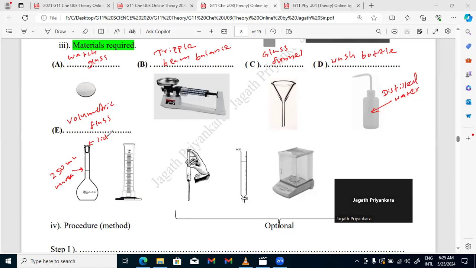What are the other flasks? Conical flask. Titration flask. Flat bottom flask. Round bottom flask. But we don't use any of them for this practical.